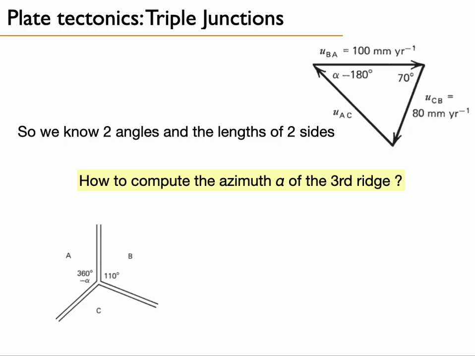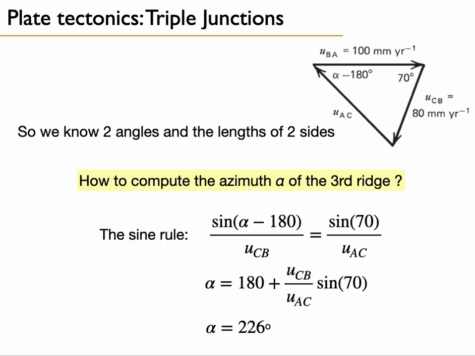Now, we would like to compute the azimuth alpha of the third ridge. So alpha is here on our diagram. For this, we can use the sine rule. The sine rule allows us to equate some ratios.